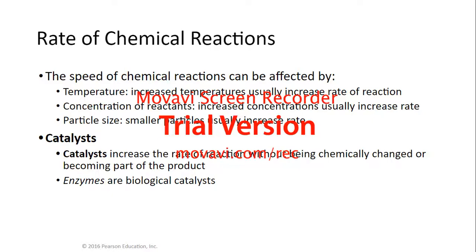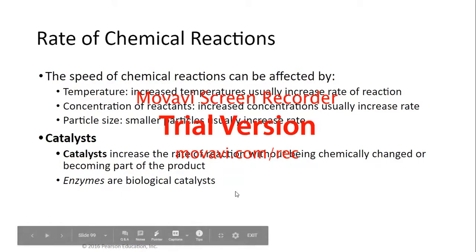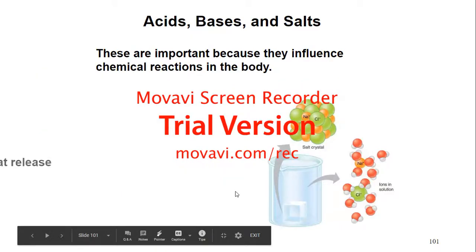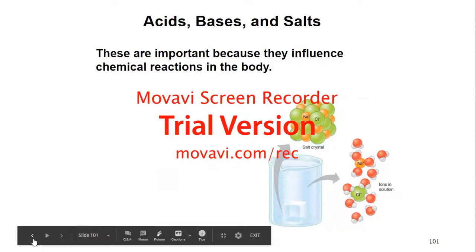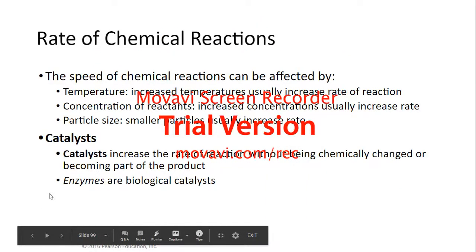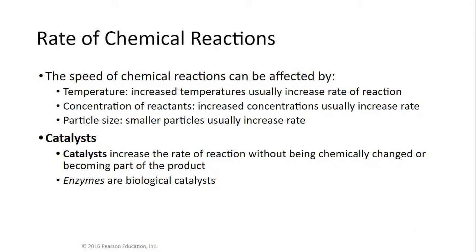If you think about it this way, when you're pushing something uphill, it's slower than pushing something downhill. It's going to happen quickly. Think of a chemical reaction as it first has to kind of go uphill and then it goes downhill. But what catalysts do is they make that hill smaller.